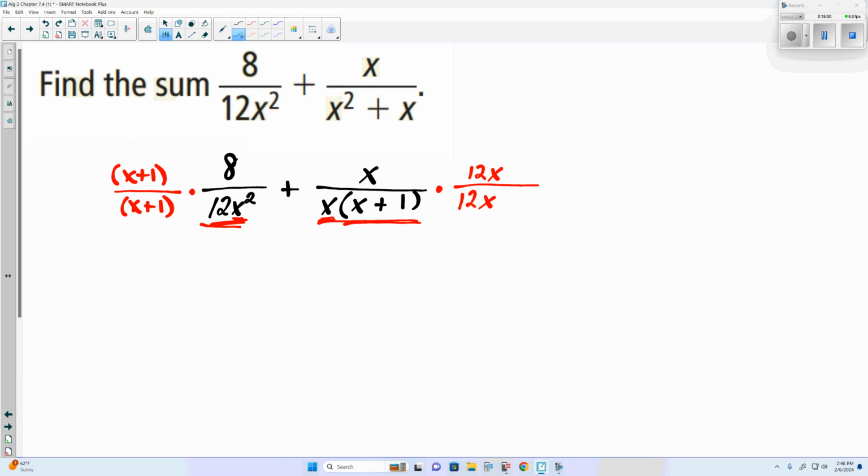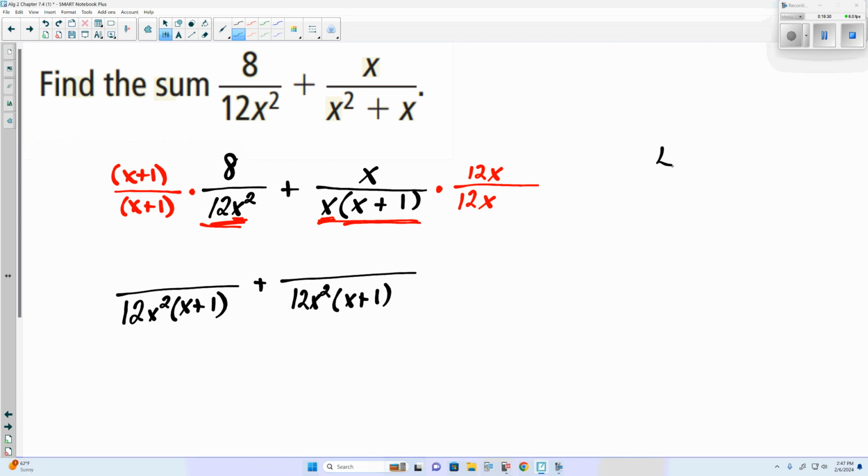Questions on this here? I think we like this way a little bit better, yes? Because a lot of this is just looking at it and seeing what we get. If we multiply the first one, 12x squared times x plus 1, we just get 12x squared times x plus 1. If we do the other side, our x times 12x is 12x squared times x plus 1.